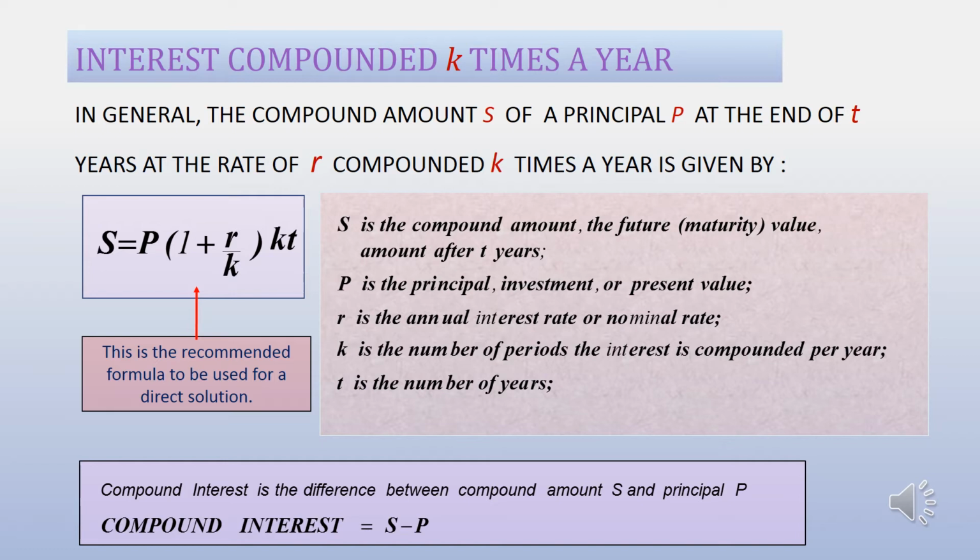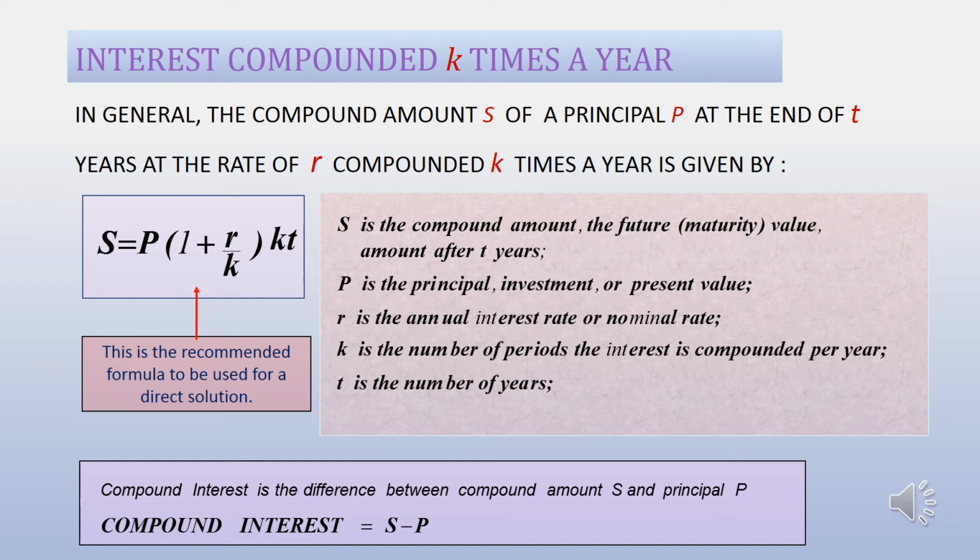So when we have five variables here, it means when 4 of the variables are given, then we can find the other variable. So we see here that this is the recommended formula to be used for direct solutions. From now on, we can use this formula to solve the problems.